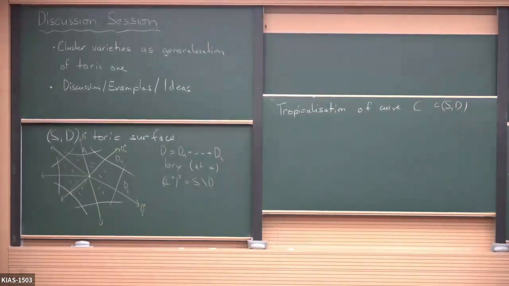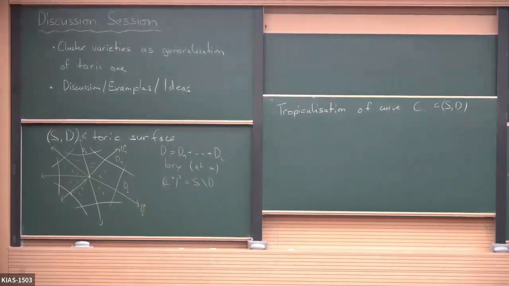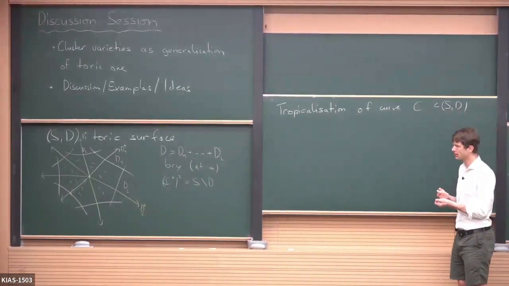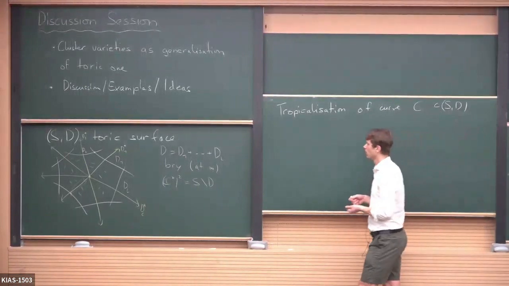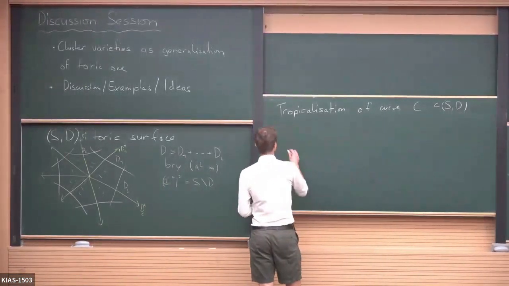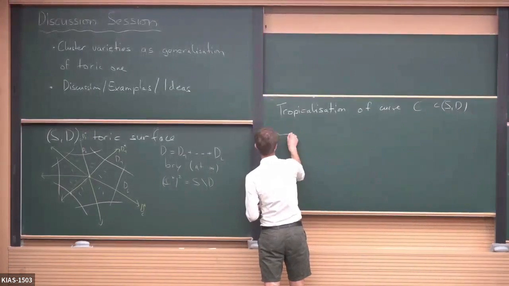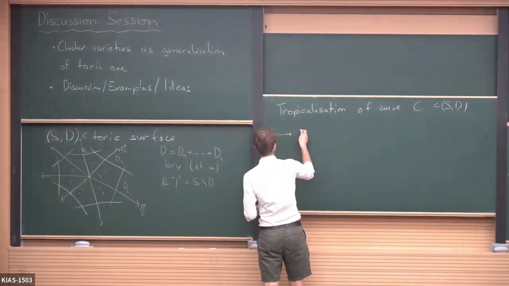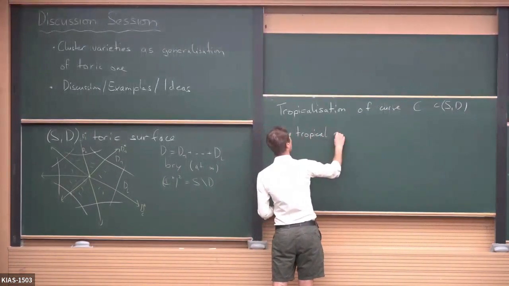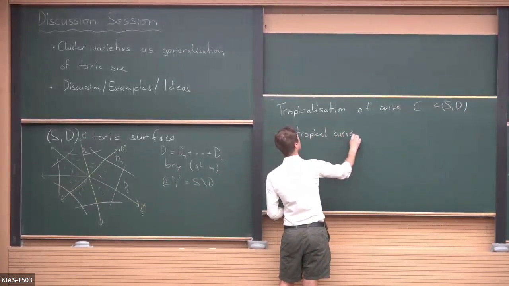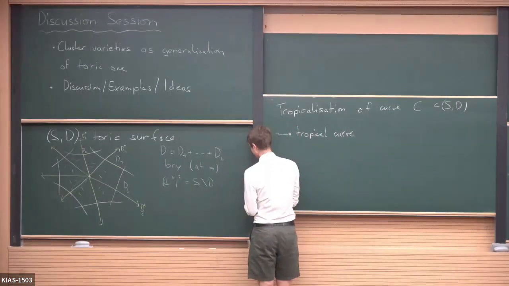The way I introduced it to you yesterday, the curve was basically inside C star squared, and it had some asymptotic behavior. And then if you tropicalize it using what I described to you yesterday, you get a so-called tropical curve, which sits inside the fan.